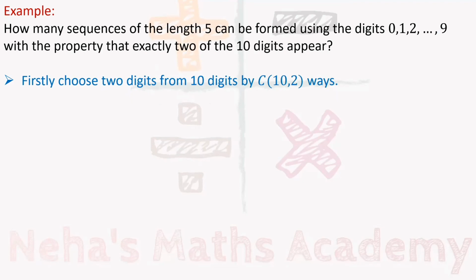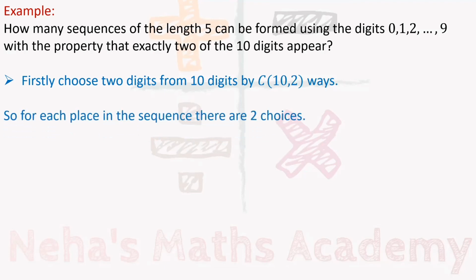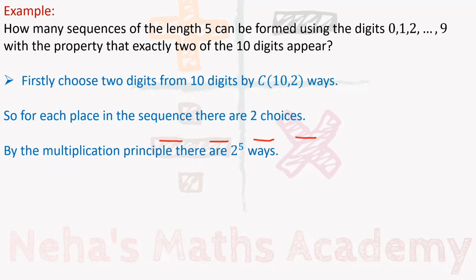So firstly, choose these 2 digits. We can choose 2 digits from 10 digits in C(10, 2) ways, that is 10 choose 2. So for each place in the sequence, there are 2 choices. By the multiplication principle, there are 2 raised to 5 ways, so 2 into 2 into 2 into 2 into 2.